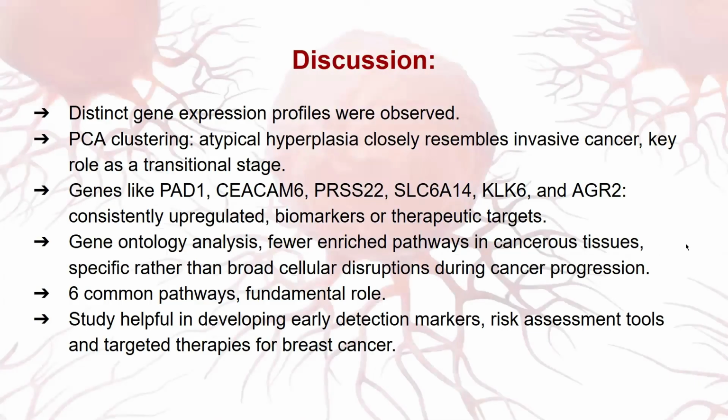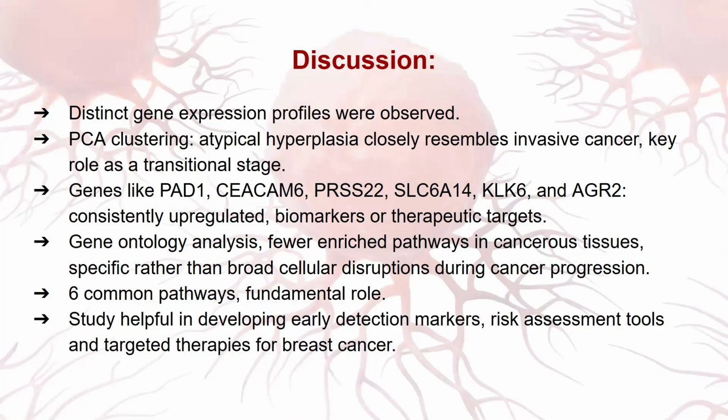Then we arrive at the discussion part of the presentation. From all these analyses, here's what I learned. Distinct gene expression profiles exist across each stage of malignancy. Atypical hyperplasia clusters near invasive cancer, confirming its role as a transitional stage.